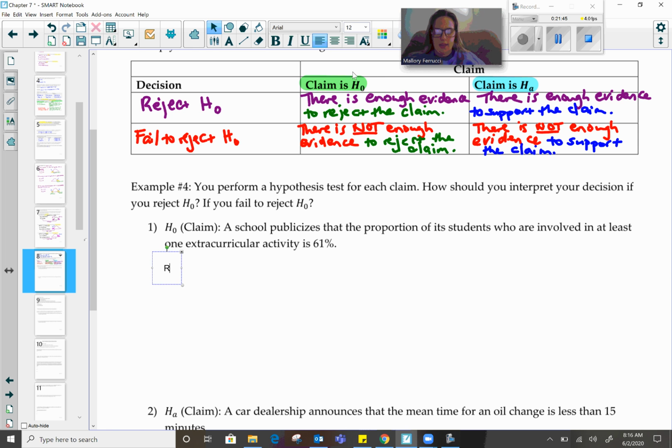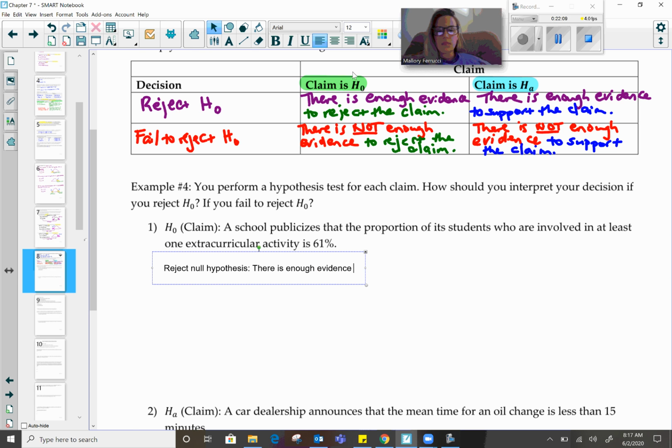So let's say you reject the null hypothesis. So that would just be the H sub 0. So basically you're rejecting the claim. If you are rejecting the null hypothesis, I start off with there is enough evidence.